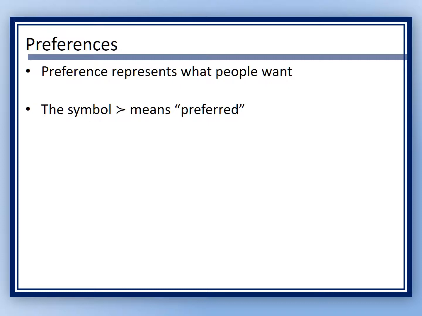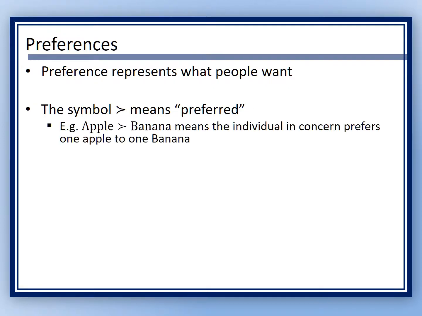It's whether you like something more than another thing. So in economics, preference is always a binary relationship, the relationship between two things. And we use this symbol, like that looks like greater, to represent preferred. So it's slightly curved, right? So it's not exactly the bigger or the larger symbol, but it's similar concept. So this symbol means preferred.